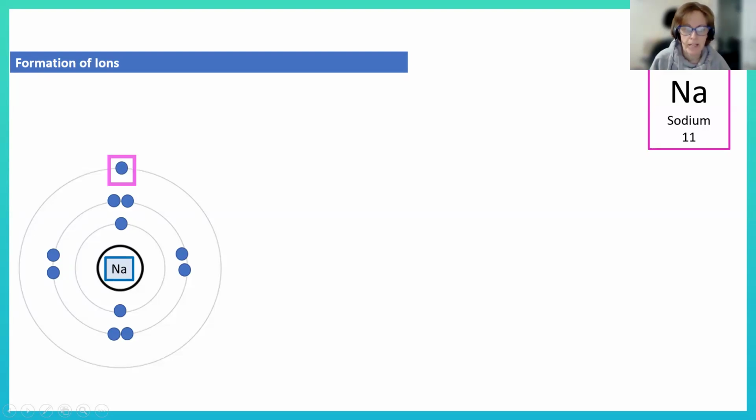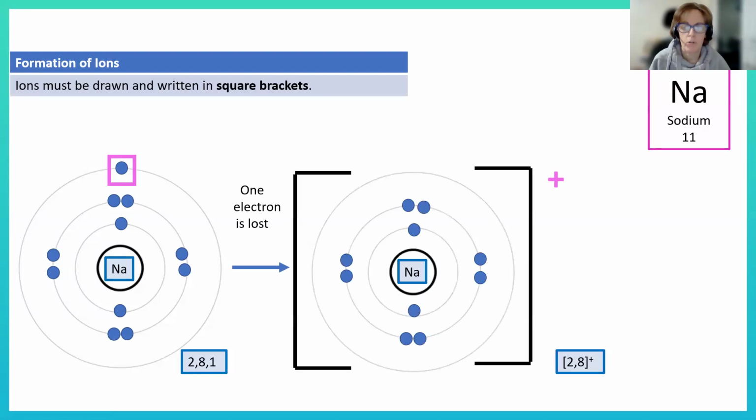So if we get rid of that, this sodium atom will have an electronic configuration of 2-8 instead of 2-8-1, which is what it should have. So 2-8-1 is the electronic configuration of the sodium atom. But if it loses an electron, it ends up with an electronic configuration of 2-8.